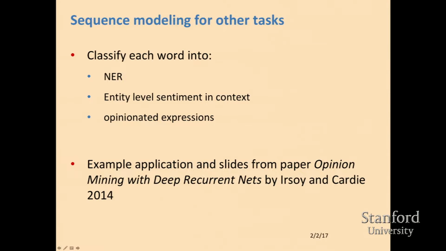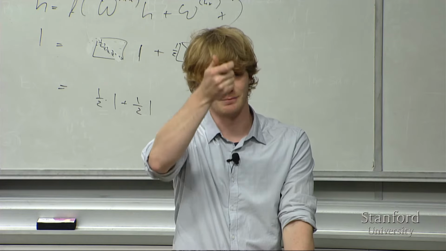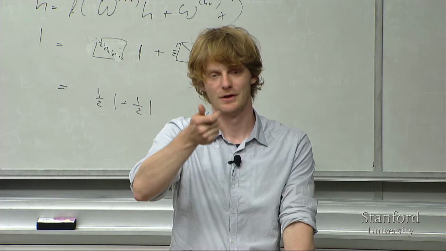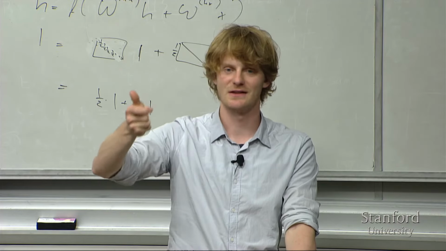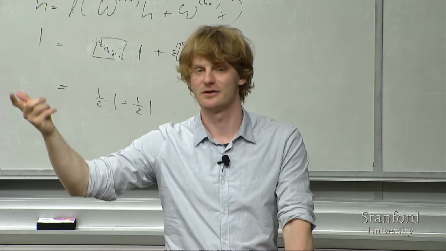So you can do named entity recognition. You can do entity level sentiment in context. For instance, you can say, I like the acting, but the plot was a little thin. For acting, you predict the positive class for that word, predict the null class, not a sentiment, for all the other words, and then plot should get a negative class label.